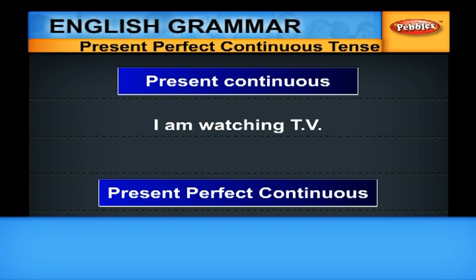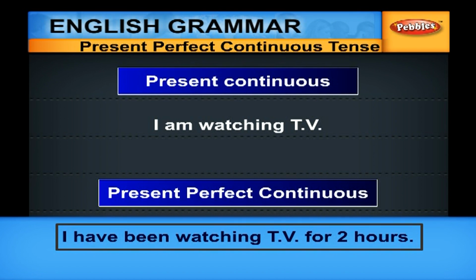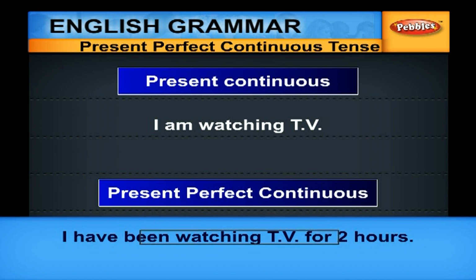When I say, I have been watching TV for 2 hours, it means that the action started 2 hours back, continued for 2 hours, and it is now continuing, and it is in the present perfect continuous. So, a present continuous will not have have or been as helping verbs.